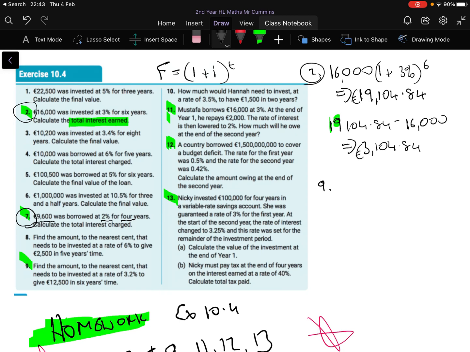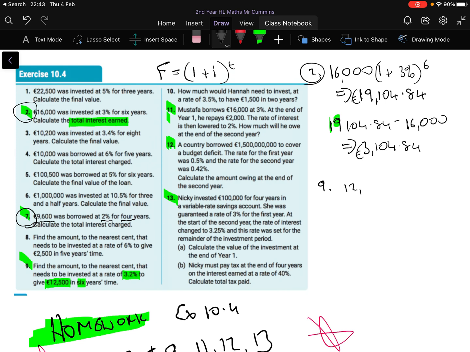Reading question 9: find the amount to the nearest cent that needs to be invested at the rate of 3.2%, so there's my interest rate, to give 12,500 in 6 years' time. So there are my 3 things. We stick to the same formula. The only difference is that they've given us the answer, I suppose.